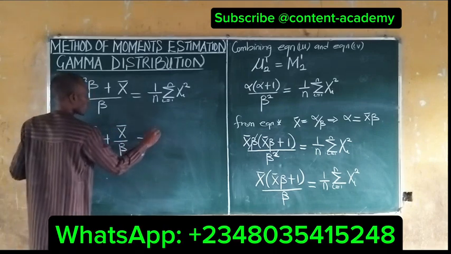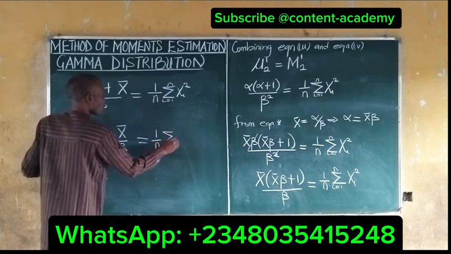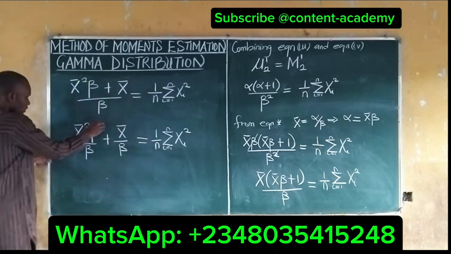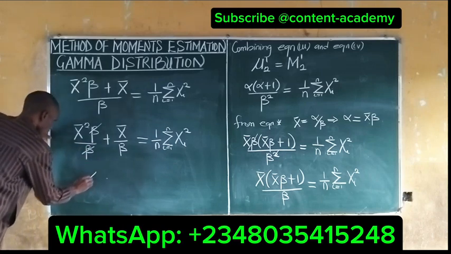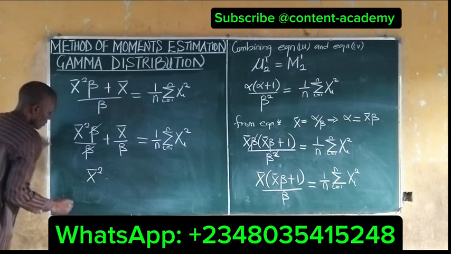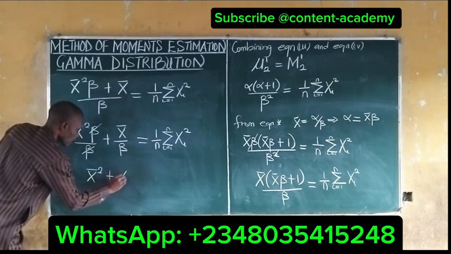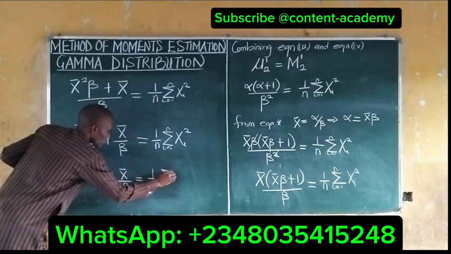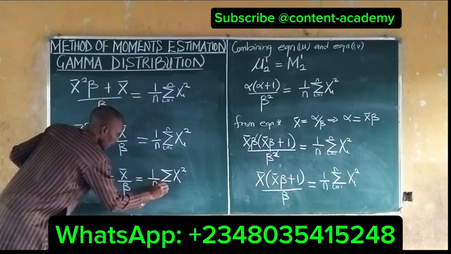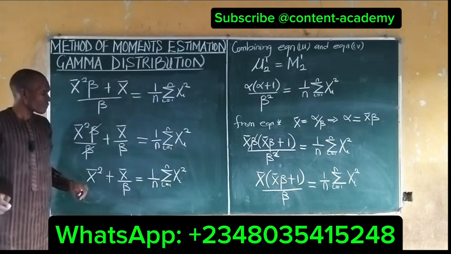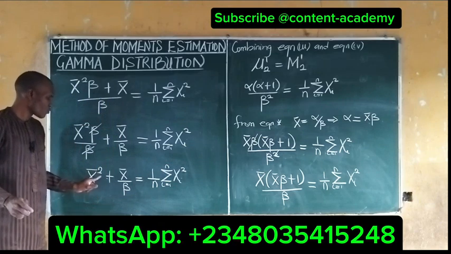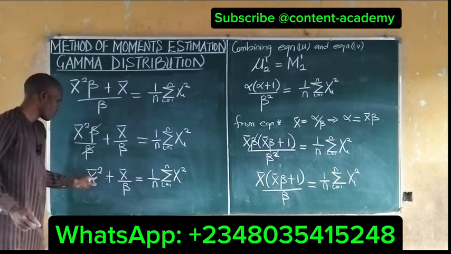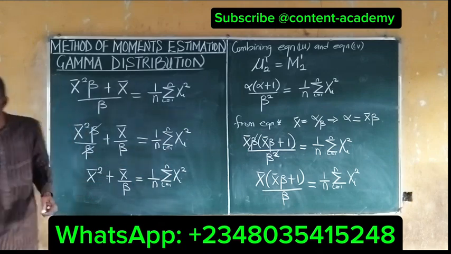Nothing has changed, to be equal to 1 all over n summation of xi squared, as i running from 1 to n. Of course, this can cancel this and we'll be left with x bar squared plus x bar all over beta to be equal to 1 all over n summation of xi squared, as i running from 1 to n. So this is what we'll get. The next thing to do, we push this over to the other side of the equation. So we push x bar squared to the other side of the equation.